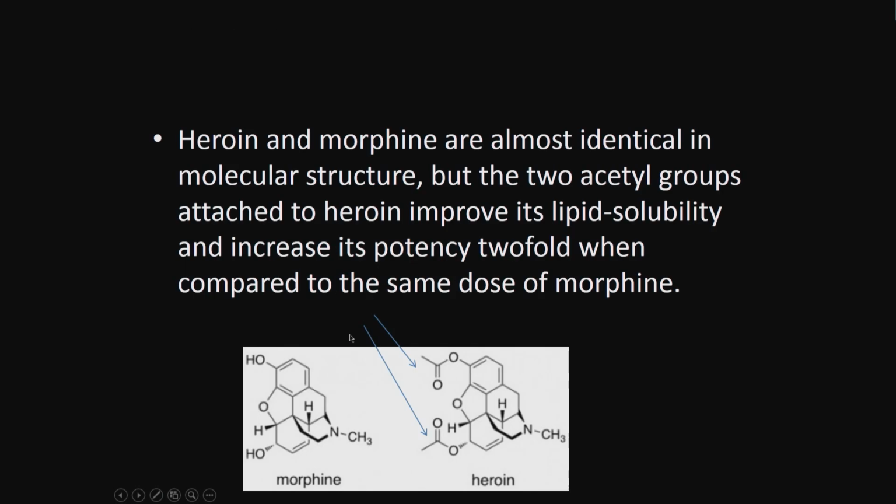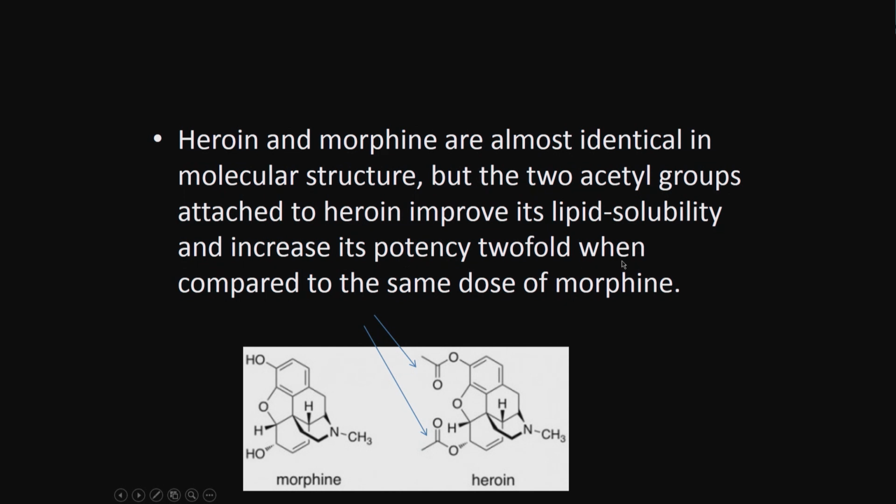Interesting, look at this structure, this is called heroin, and this is called morphine. If you look at morphine and heroin, heroin has an extra acetyl group here, so there is an acetylation taking place. So, it becomes slightly more hydrophobic and lipid solubility increases.